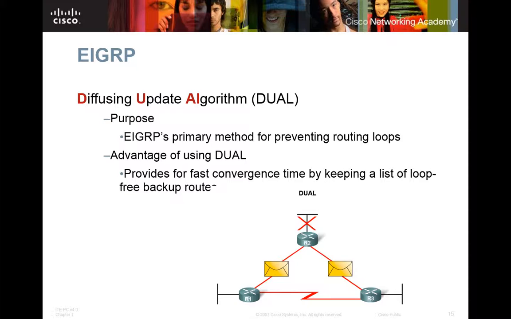Kristen, tell me about the DUAL algorithm. No, I don't know the DUAL. We're learning about it. I have no idea. The DUAL algorithm is EIGRP's way of preventing loops.